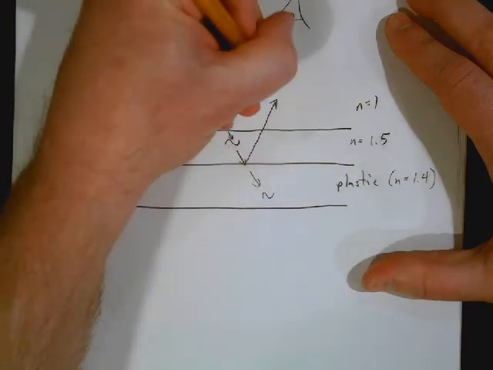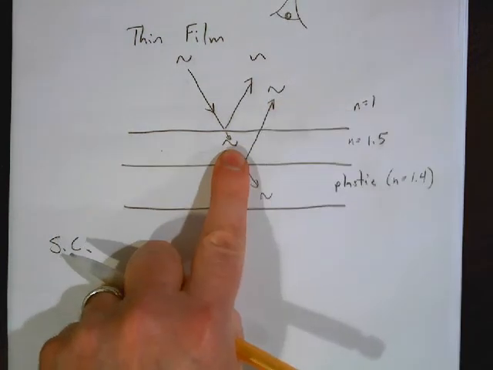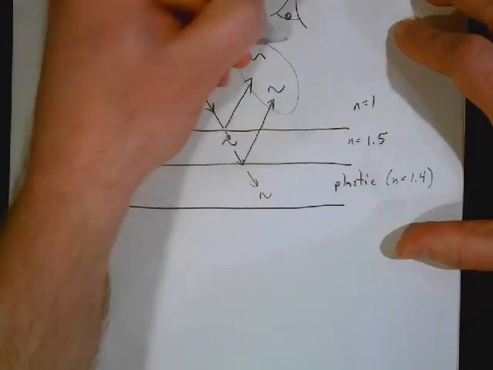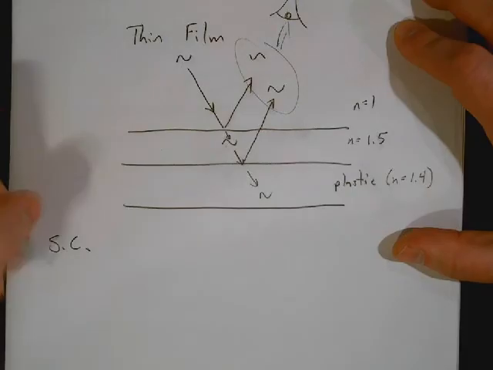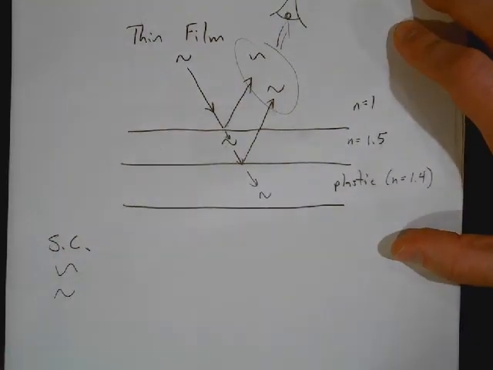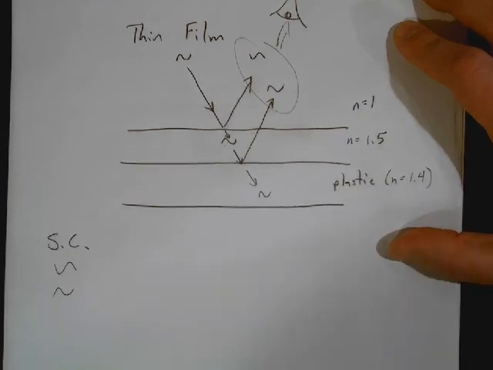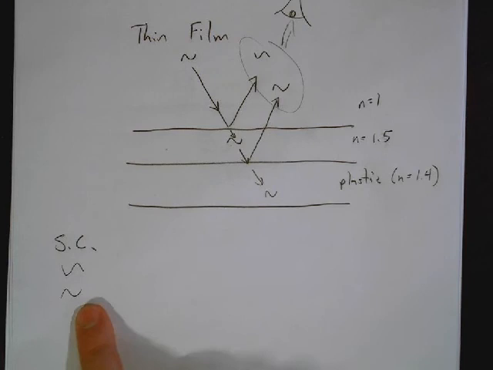In this case, this would be a soft reflection because the light's speeding up. A soft reflection means these two are in phase with each other. So these two lights are the ones going to your eye. They're the ones that are going to make the interference pattern. So I'm starting out of phase.